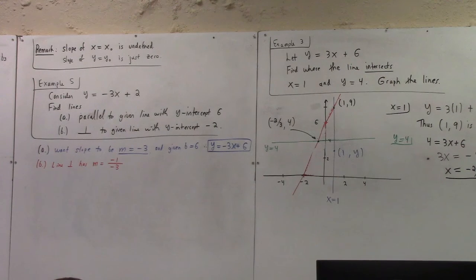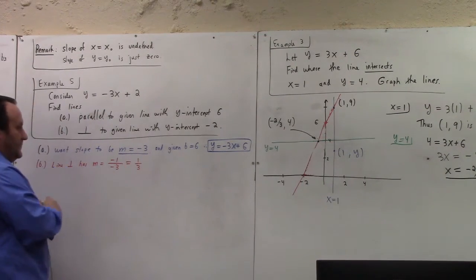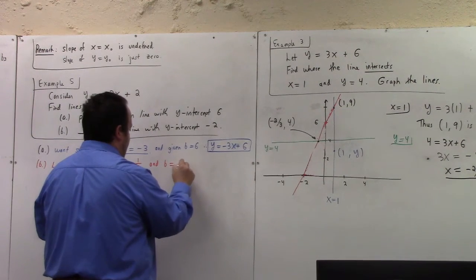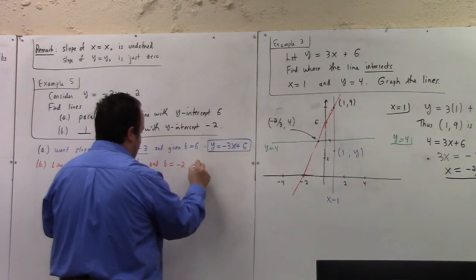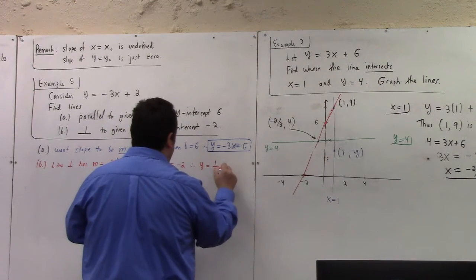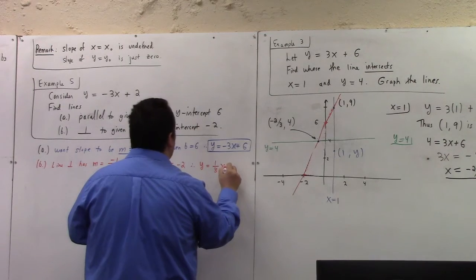So since we've got -3 slope, we get minus and minus. So there's two minuses, right? So that works out to just what? Yeah, one third, right? And b is given to be -2. So we get y equals 1/3 x minus 2.